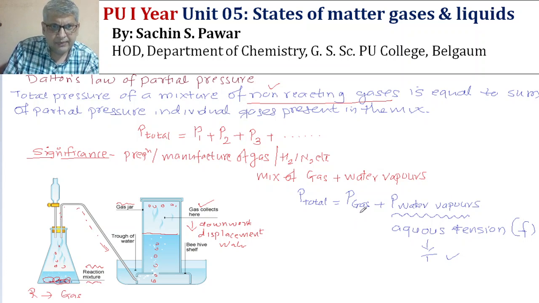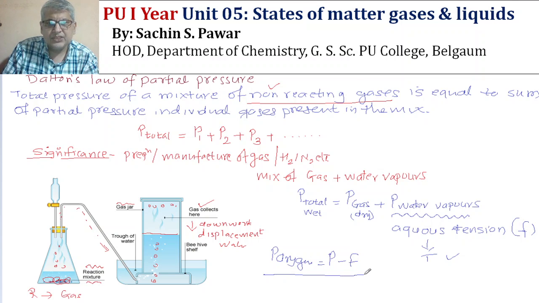So this becomes a dry gas, and this along with water becomes a wet gas. So the pressure of dry gas will be P minus F, and that's why Dalton's law becomes useful for determining the pressure of dry gas.